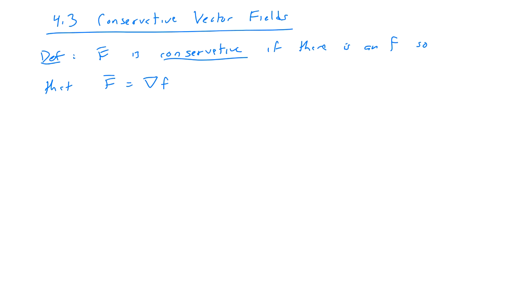And to see why this is going to give us something nice, let's look at the derivative of such a thing. So let's look at the derivative of the potential function f, where we have the inside r.